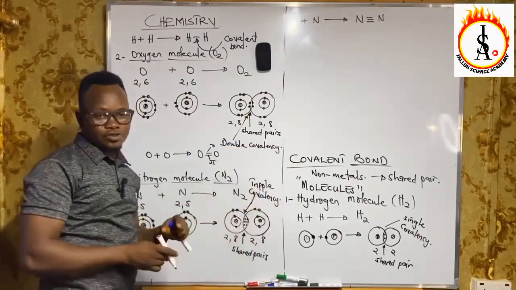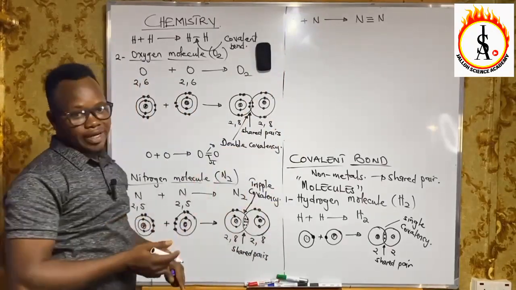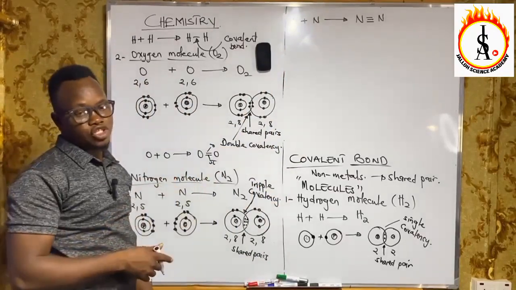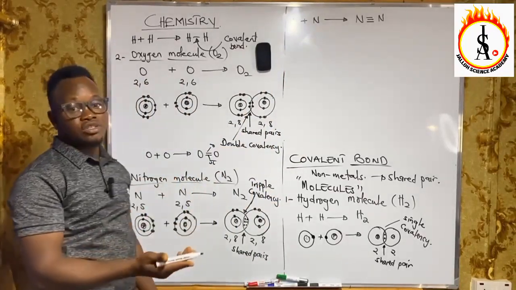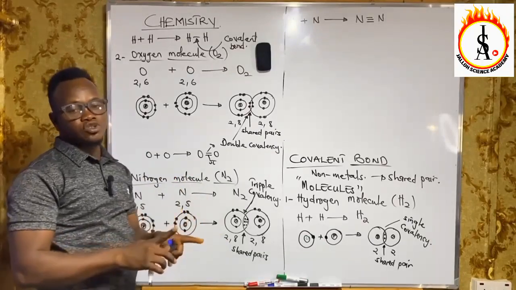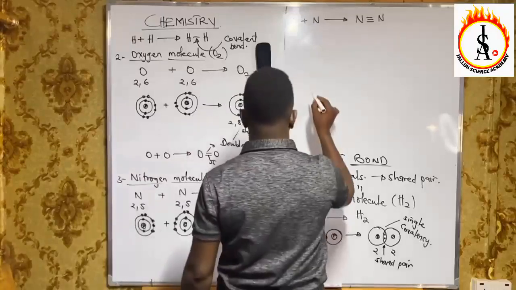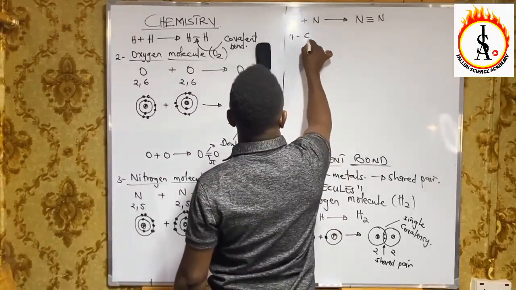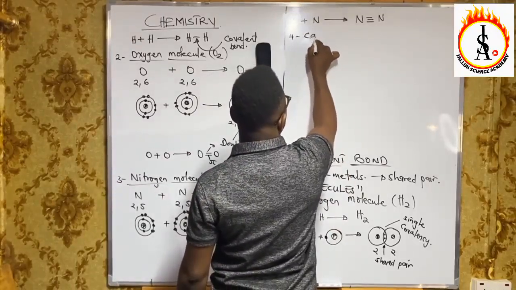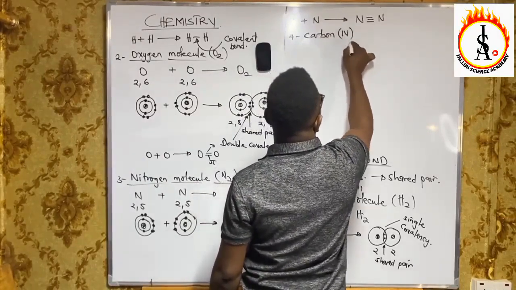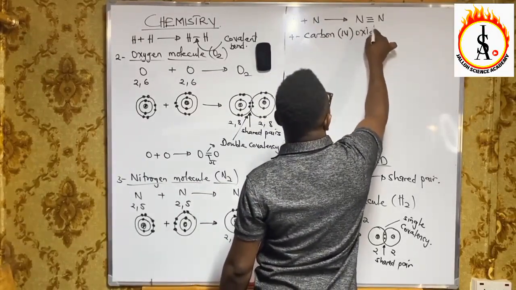Of all the examples we've been looking at under covalent compounds has been the same molecules reacting with each other. We are going to deviate a bit from that and look at a situation wherein different molecules react with each other. The fourth example will be formation of carbon dioxide, which is carbon 4 oxide.